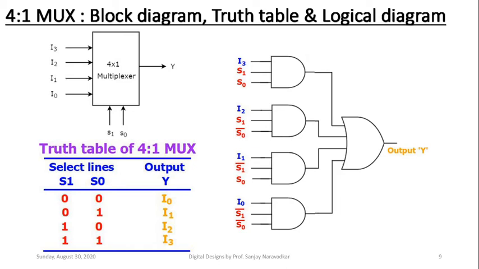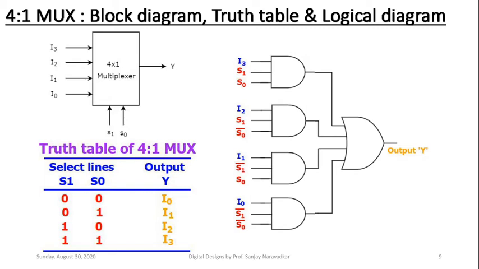And then the logical diagram would be an expanded one compared to this. There will be a total of 8 AND gates on the input side. Each of those AND gates will have 3 select lines, either in complement form or non-complement form depending on the logic, and each AND gate will have 4 inputs.